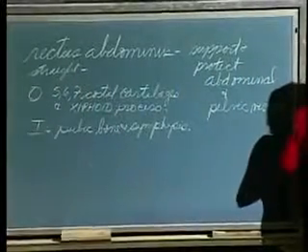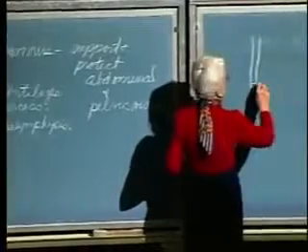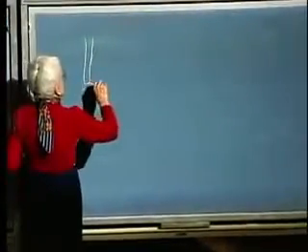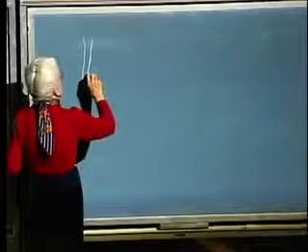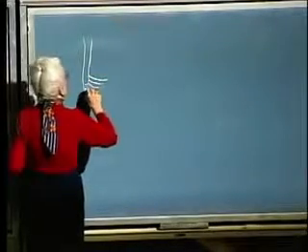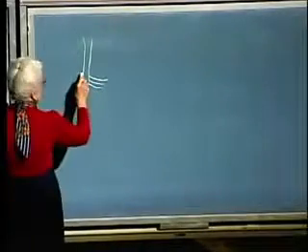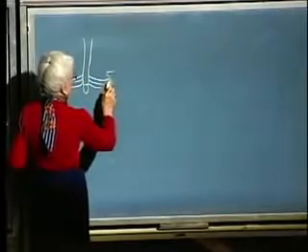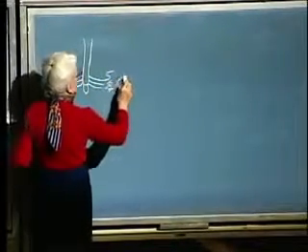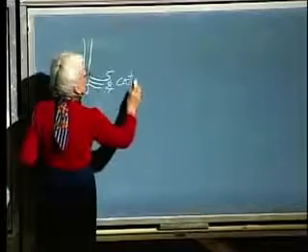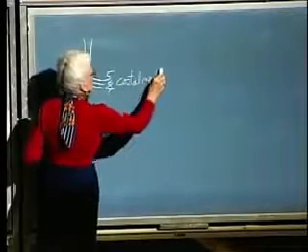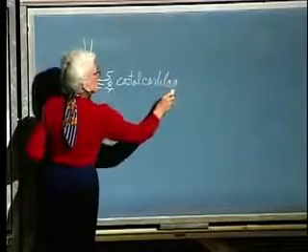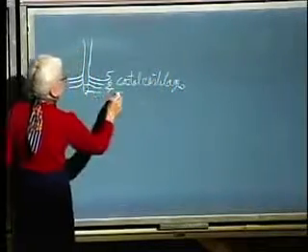We have our sternum, our xiphoid, our 7th, 6th, 5th costal cartilages here. Xiphoid.